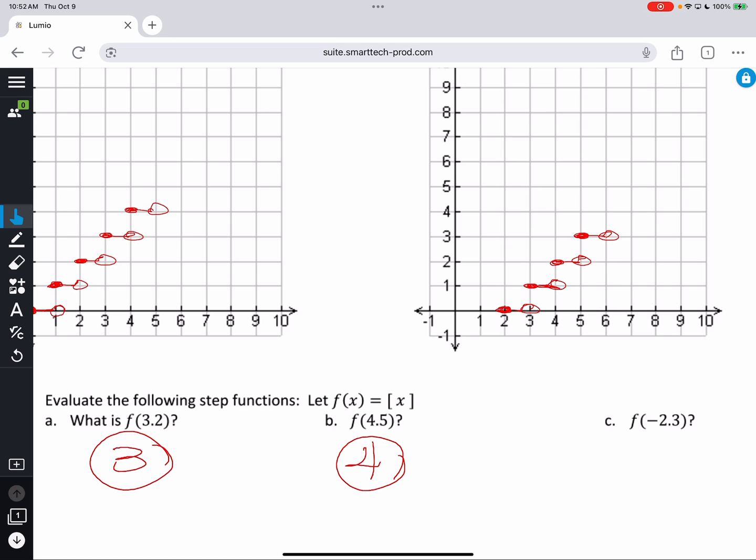Remember, we're in negative land. So what is it going to be? Negative 3. Sometimes having a number line helps. Negative 2.3 would be about right there, and to the left is negative 3.